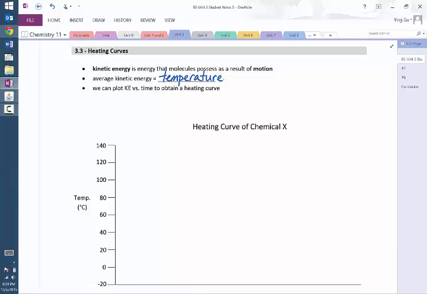Now, on Tuesday, we did a lab, and I had you predict what you thought the heating curve of a compound, paradichlorobenzene, would look like. And a lot of you gave me fairly good predictions. A lot of you said it might go up and then taper off.